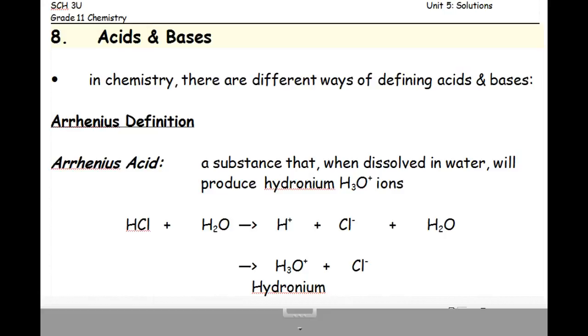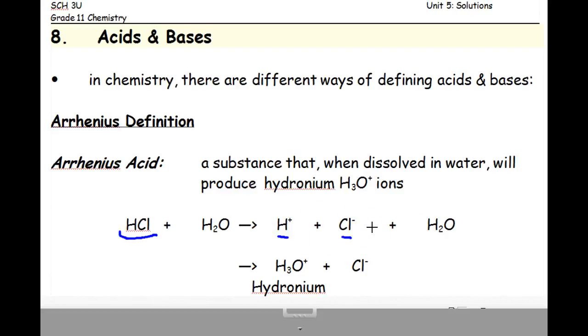Let me break this down a little bit for you. Last year you would have said, if I have HCl, which is an ionic compound, and I dissolve that in water, it's going to ionize, and that will form an H+ or hydrogen ion and a chloride ion. The water's still there, and these ions are just dissolved in it.